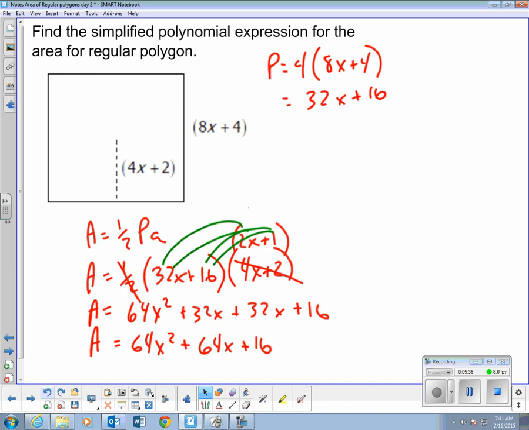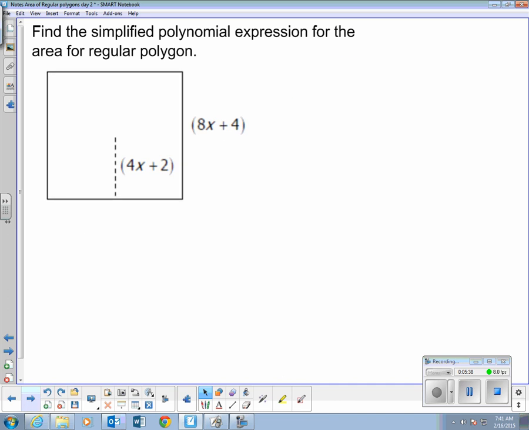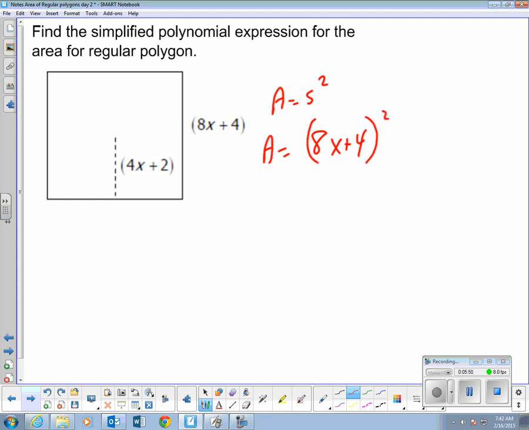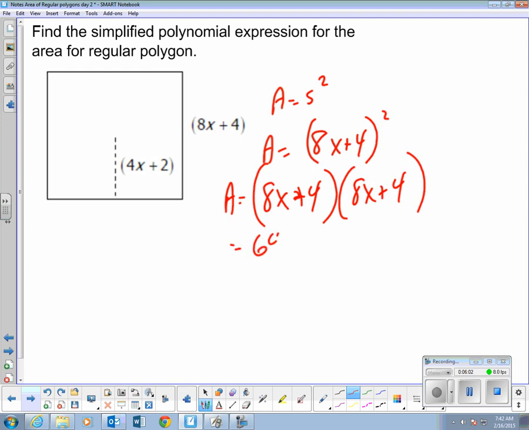Remember that FOIL. Now if I take the same problem, here it is again, and I remember the formula for the area of a square is also equal to side squared. So area is equal to 8x plus 4 quantity squared. Remember, this is where a lot of you have messed this up before. So you can write it twice and then FOIL. 8 times 8 is 64x squared.